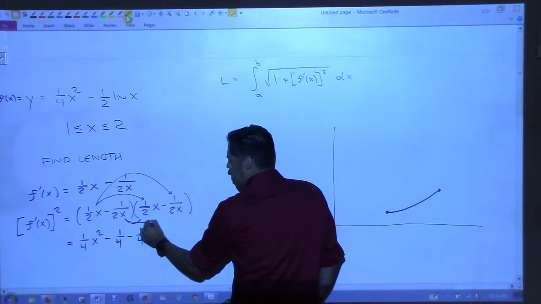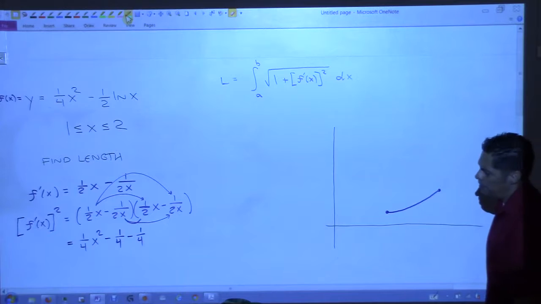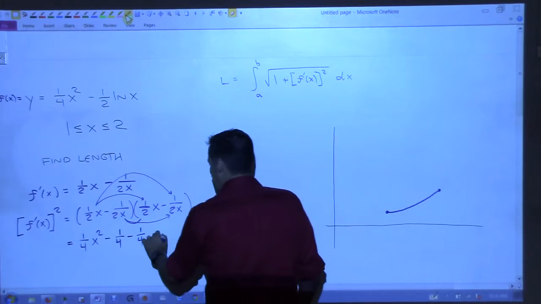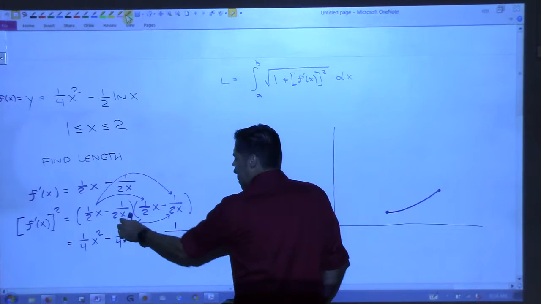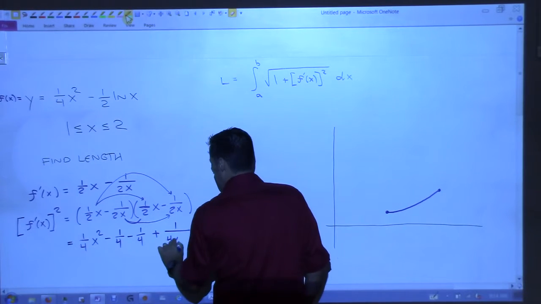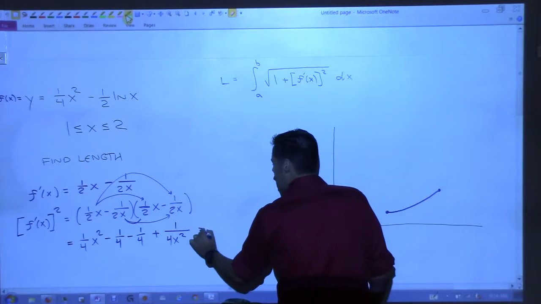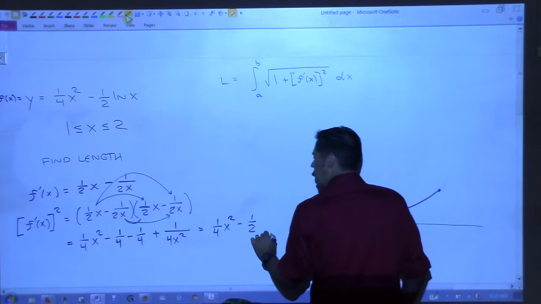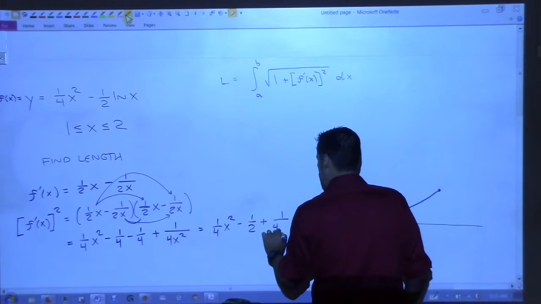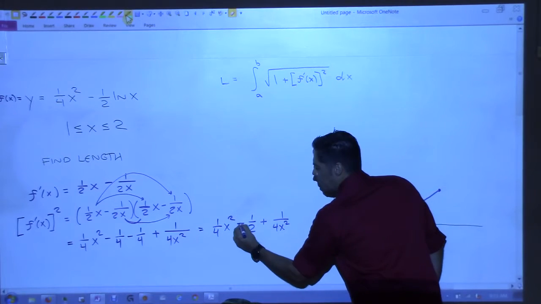And then the last one, here to here, it'll be a plus, because they're both negative, and then just multiply the fraction straight across: 1 times 1, and then 2x times 2x, 4x squared. Now this becomes 1/4 x squared minus a half plus 1/(4x squared). And that's just putting the minus 1/4 and minus 1/4 together to give you the minus 1/2, right?